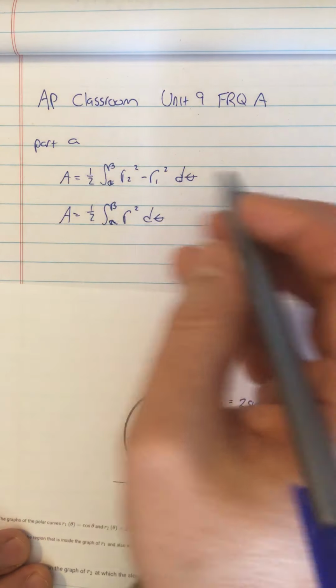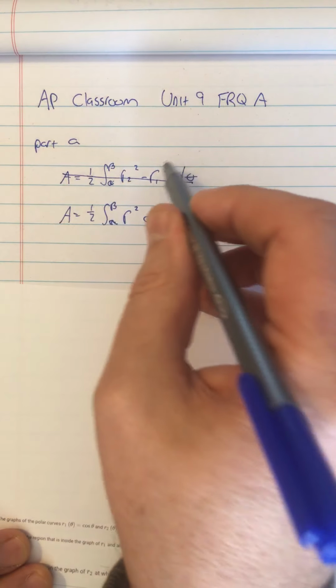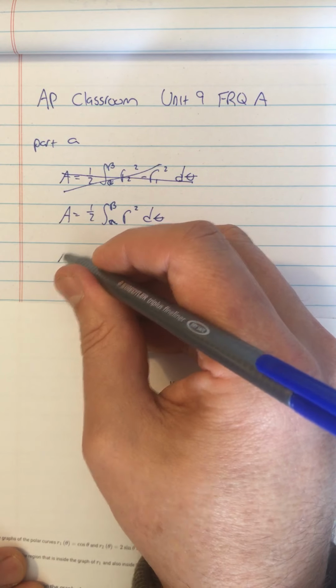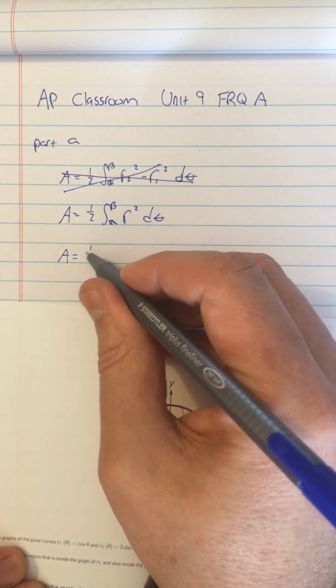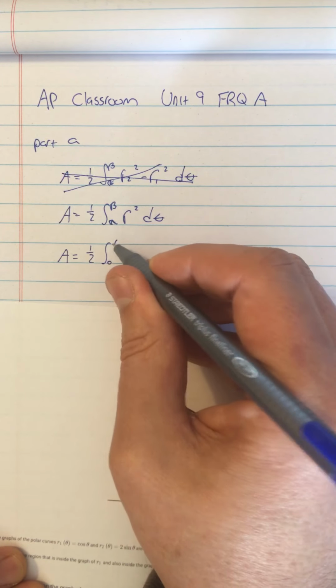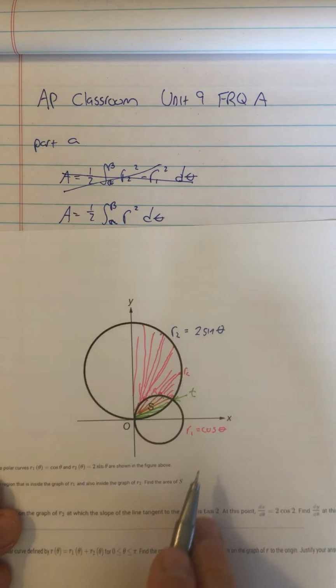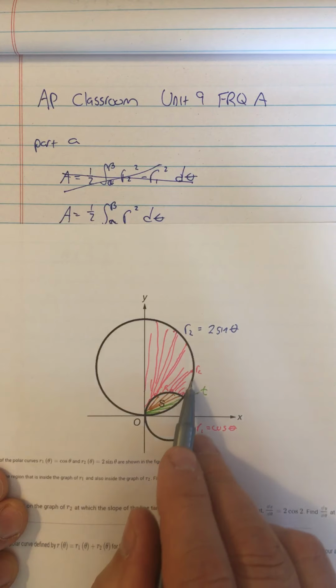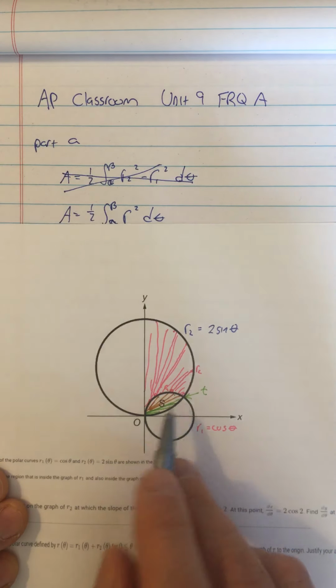So we're really looking at this one not being helpful, and we're looking at the area of S being equal to 1/2 the integral from 0 to the magic angle t of the first function. The first function we encounter here is actually R2, which is 2 sine theta.